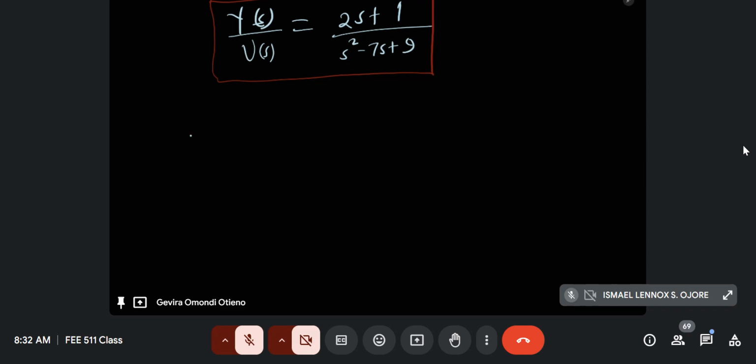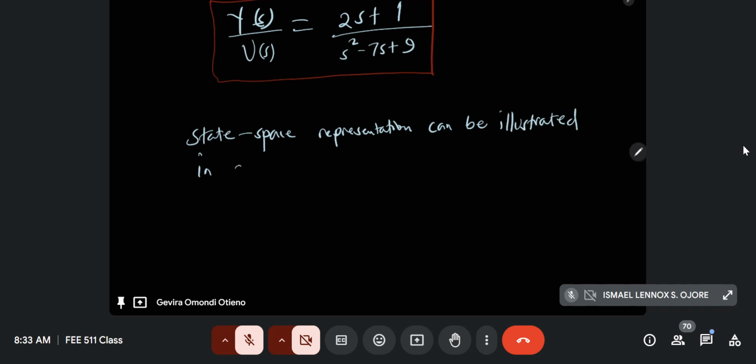We can say that state space representation can be illustrated in 3 main forms.